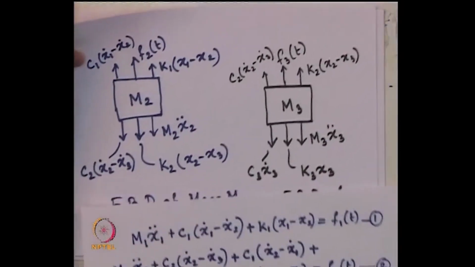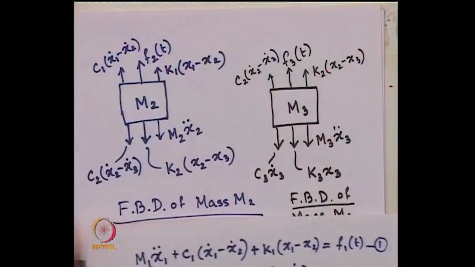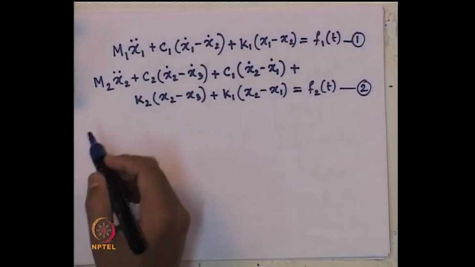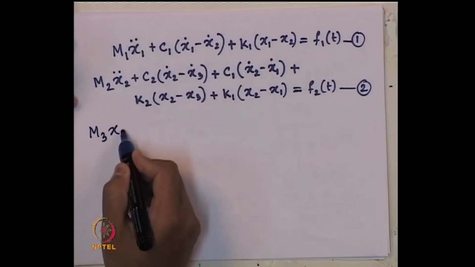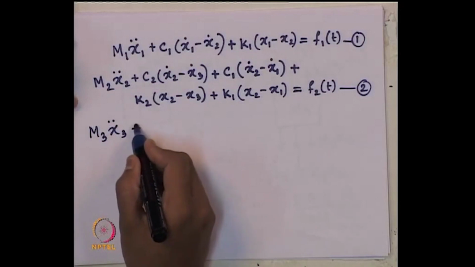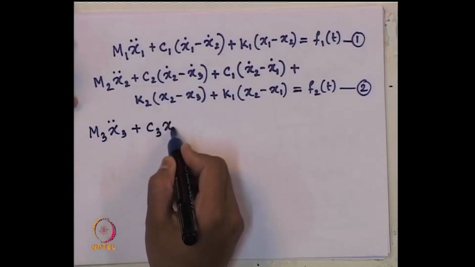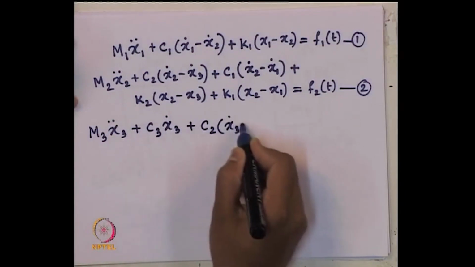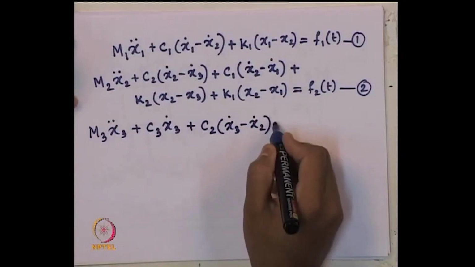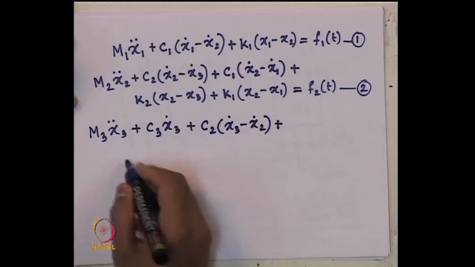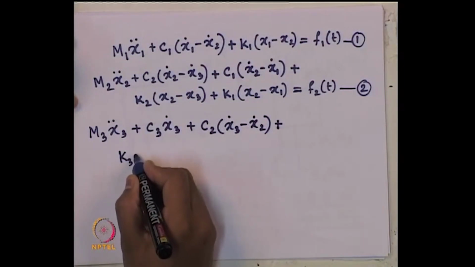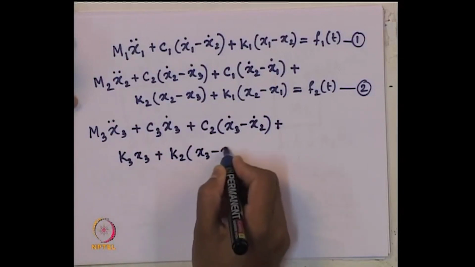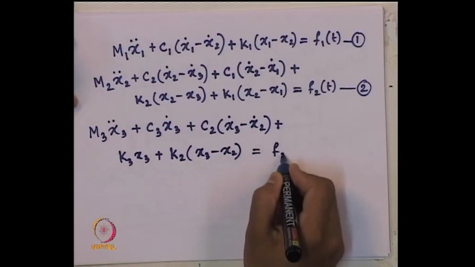Now, from the free body diagram of the third mass, we can use D'Alembert's principle and write the equation like M3 x3 double dot plus C3 x3 dot plus C2 (x3 dot minus x2 dot) plus K3 x3 plus K2 (x3 minus x2) equals F3 of t.